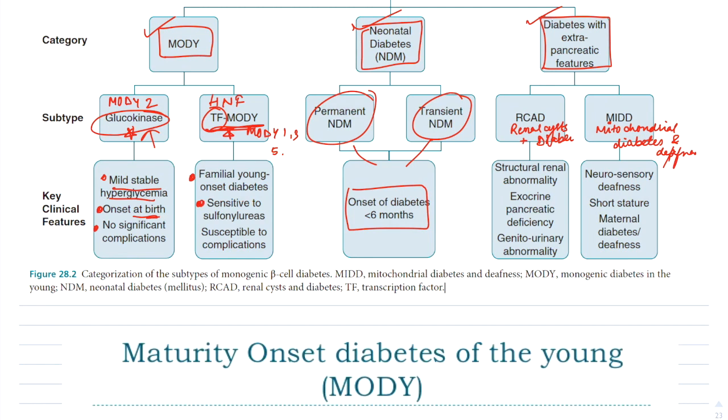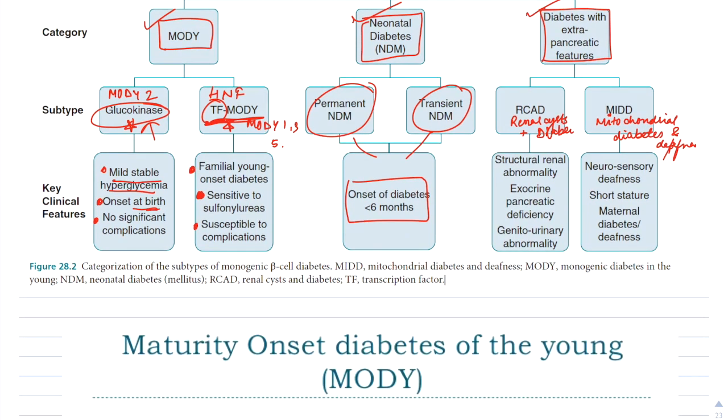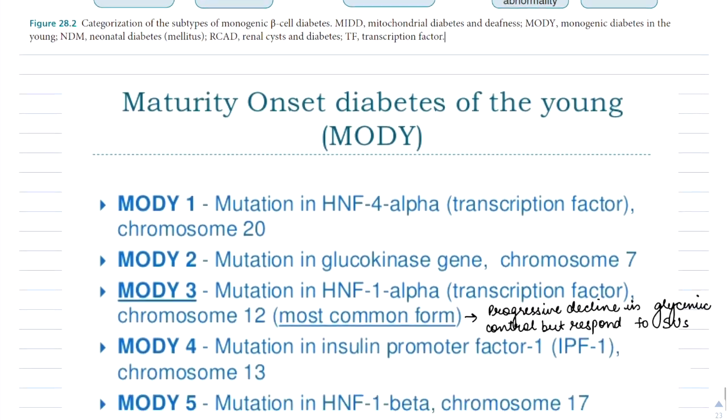They are sensitive, responding to sulfonylureas. They usually do not require insulin. Sulfonylureas are sufficient to control the hyperglycemia, but these transcription factor MODY are susceptible to complications, in contrast to glucokinase MODY.